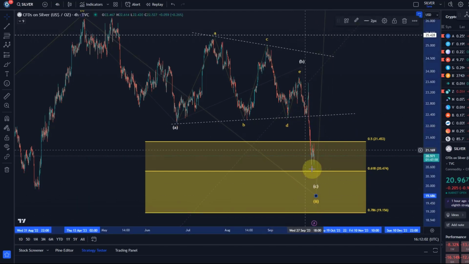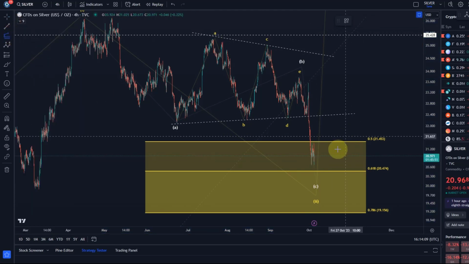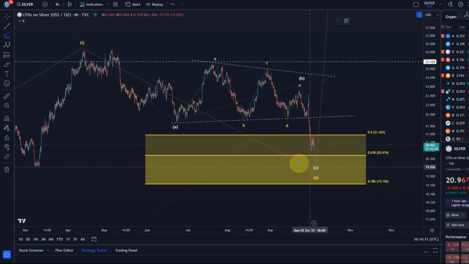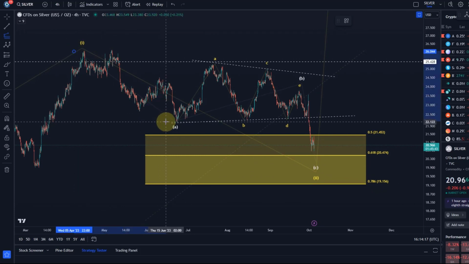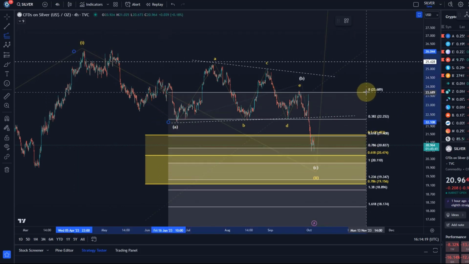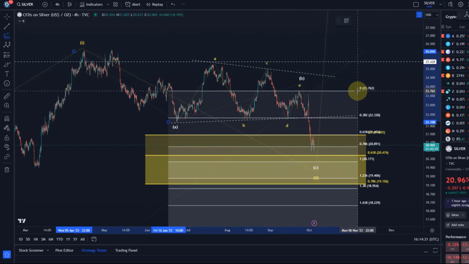So technically speaking, what we need to understand first of all are the Fibonacci extension targets. Do they align? The wave A and the wave C typically have a certain relationship. So let's use the Fibonacci extension tool to identify those relationships. We have the standard Fibonacci retracements on the chart, but a common relationship is between wave A and wave C. If we take the length of the A wave, then go to the end of the B wave, we can compare it with the length of the C wave, okay?